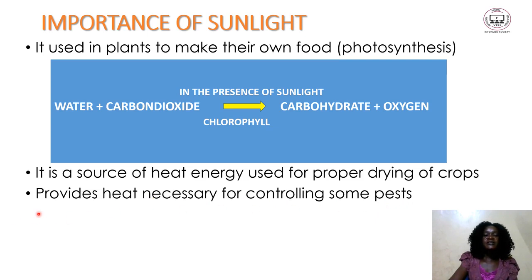So the heat from sunlight helps to minimize the multiplication of pests. Once they do not survive, our crops will be safe. That's why we regard it as an importance.